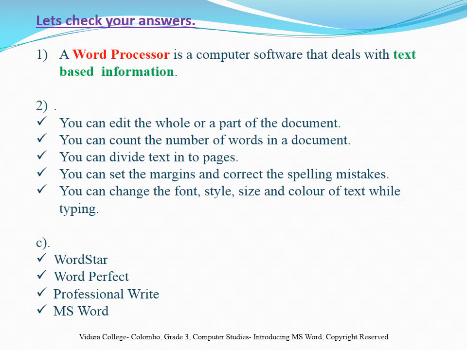Now let's check the answers. 1. A word processor is a computer software that deals with text-based information. 2. You can edit the whole or a part of the document. You can count the number of words in a document.